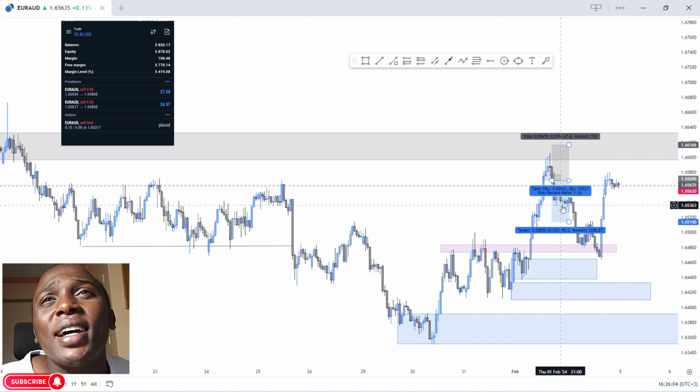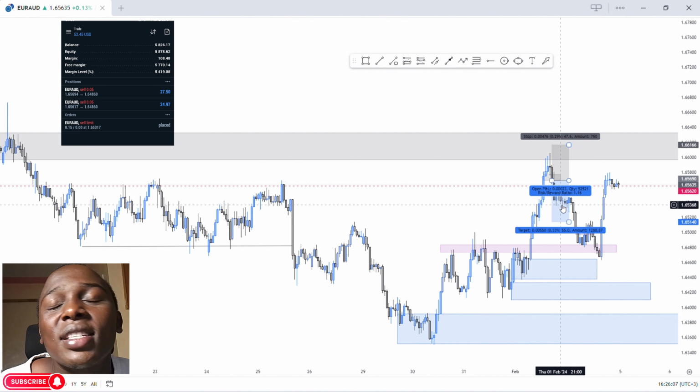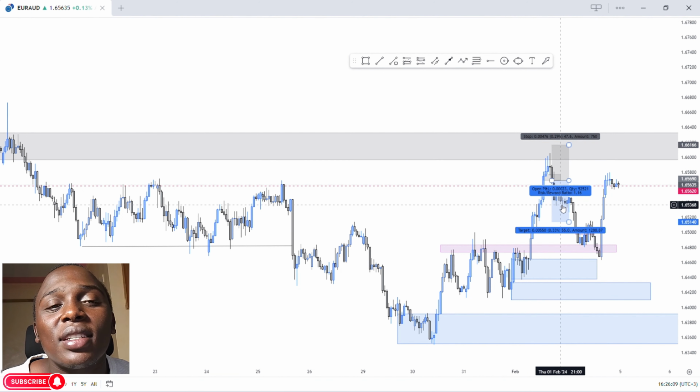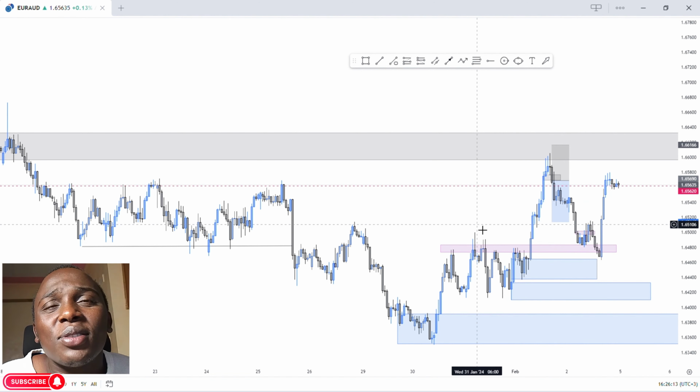So I ended up making around the same amount as the risk that was on that trade. So this trade, the profit was not so big. I made only a 1-to-1 risk reward, and I was happy with the profits because at least I made something.